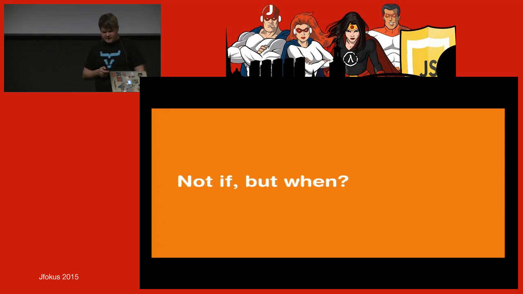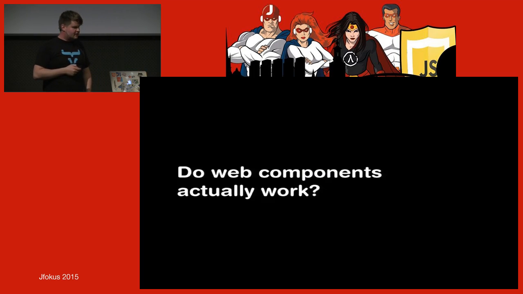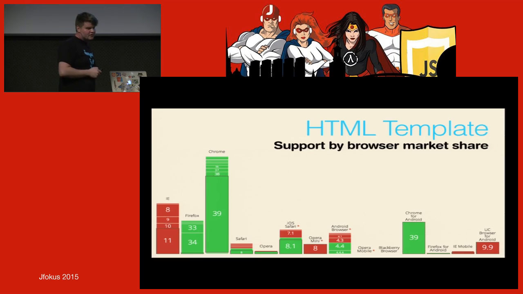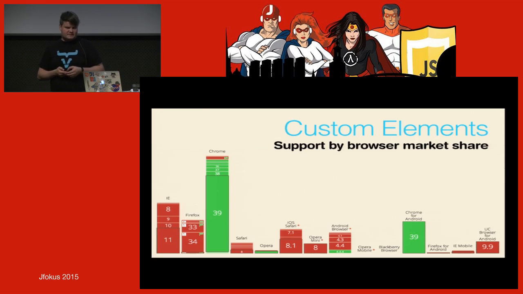And the reason why we haven't done this yet is that it doesn't really work. I mean, if you take a look at these standards and then go to caniuse.com and see whether they actually are usable right now, HTML templates work in most browsers except IE, so that's a bit of a disappointment. Custom elements work in all the Chromes you have, nothing else.